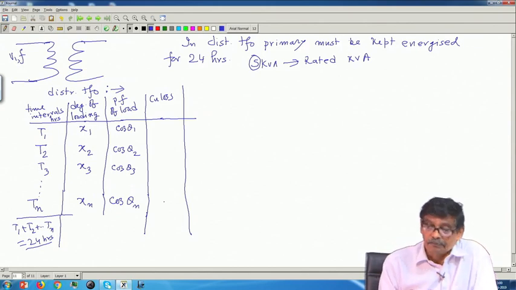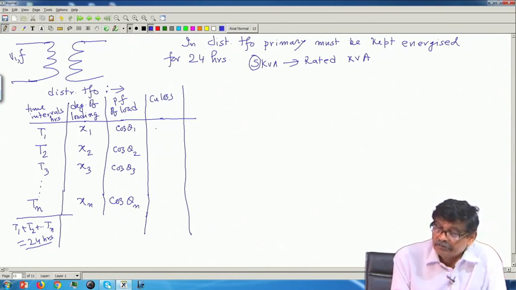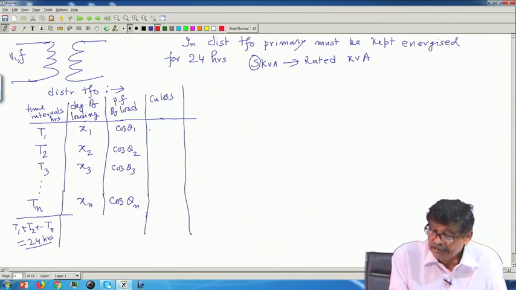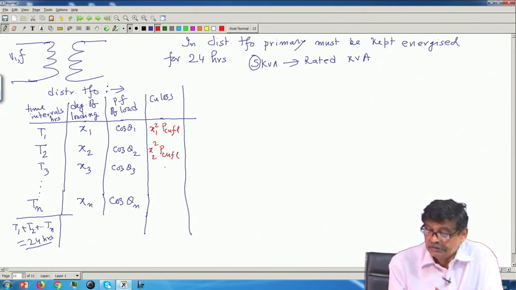In the next column, in the first T1 hours, degree of loading is x 1. So, what is the copper loss? It is x 1 square into P copper full load. What is the copper loss here? x 2 square P copper full load. This is x 3 square P copper full load.